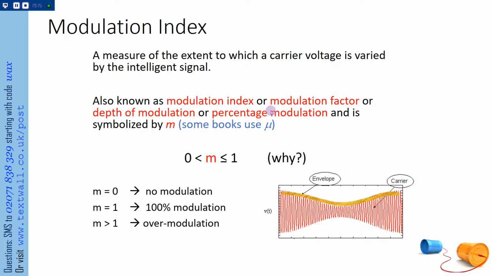So our modulation index, our depth of modulation, can be 0, and that means we've not modulated at all. We're just sending a carrier, useless. And it can be anything from 0 to 1, or from 0% to 100%. 100% is where it's fully modulated, where the envelope at some point equals 0, but is not less than 0.